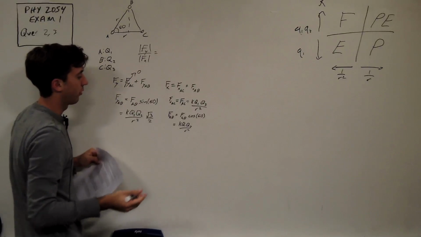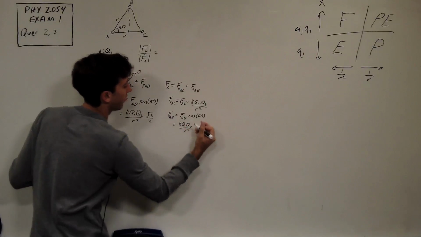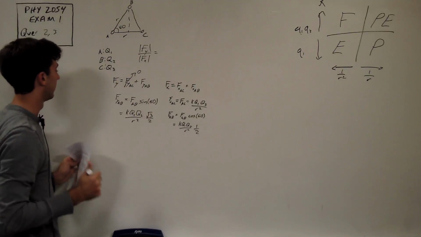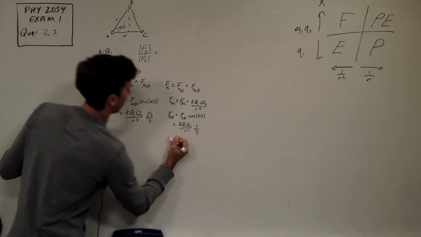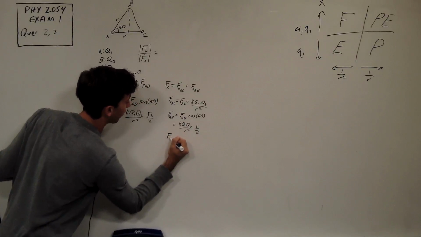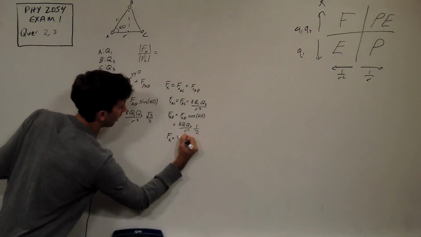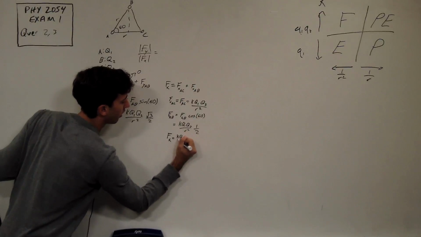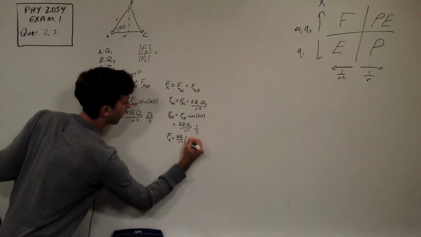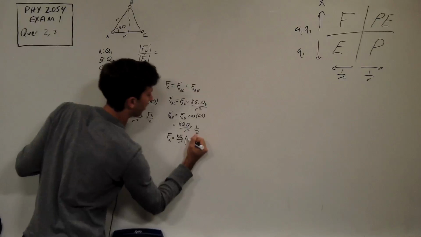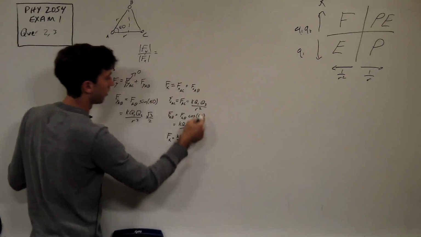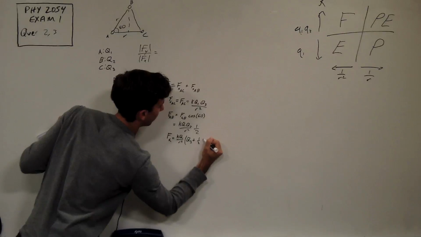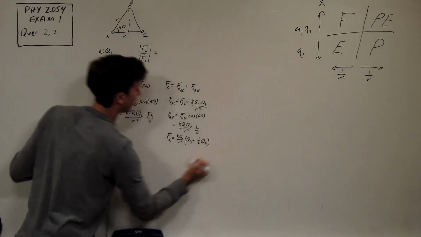And from trigonometry, we can figure out that the cosine of 60 is 1/2. Great. So now the total force in the x direction is equal to, I'm going to pull out like terms, K Q1 over r squared times Q3, from that one, plus 1/2 Q2. Great.